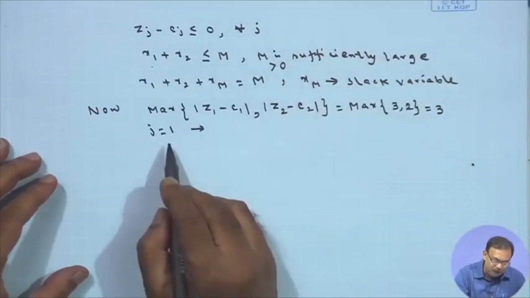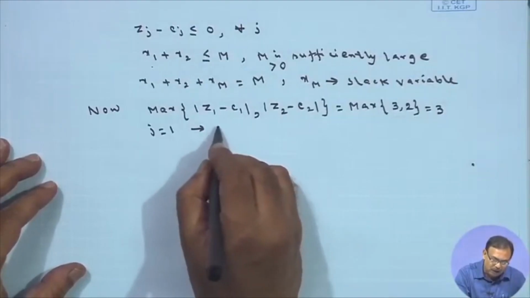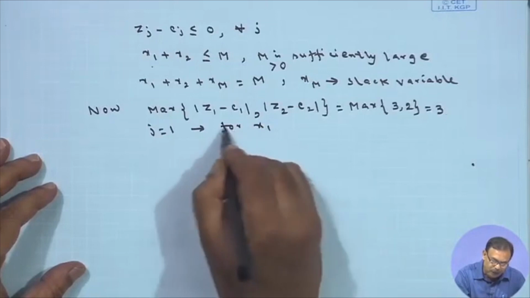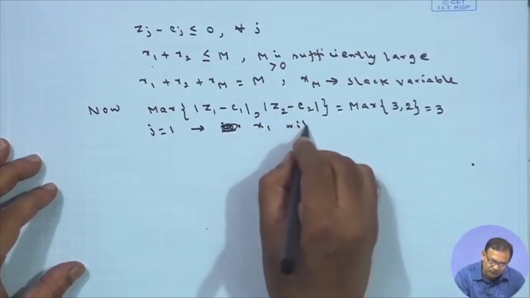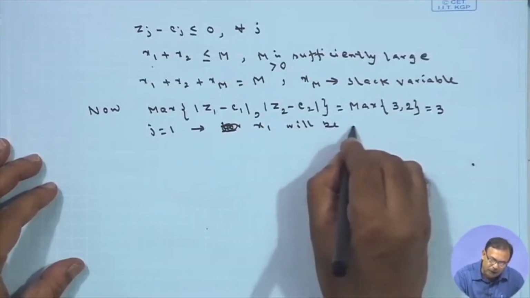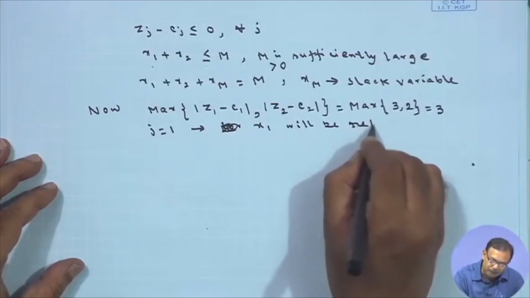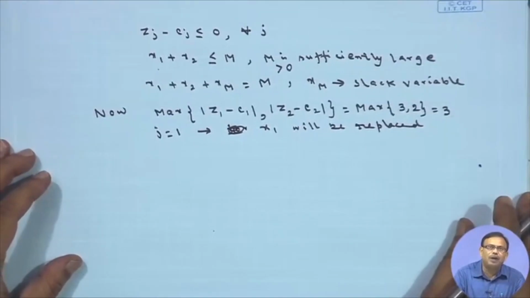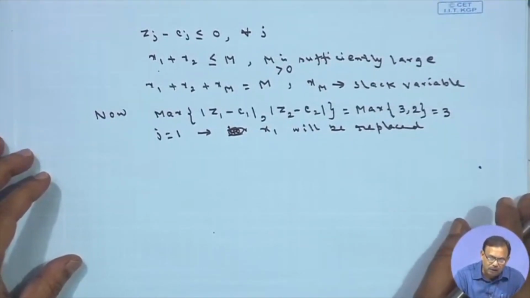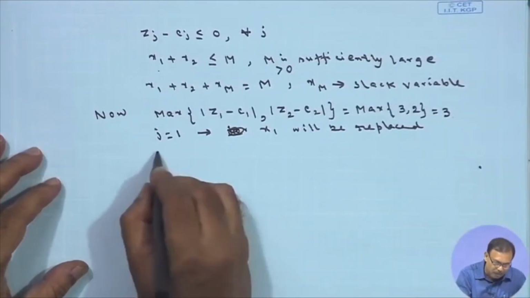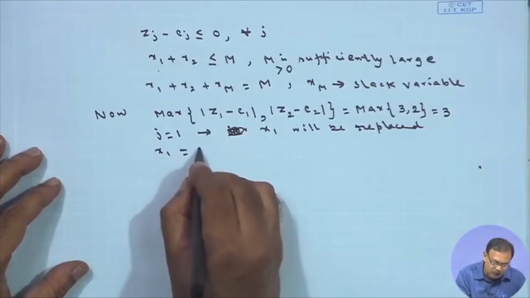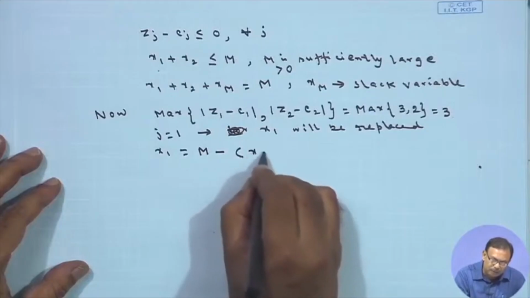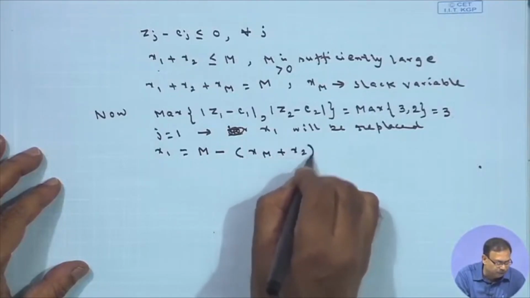Since j equals 1, this is happening. So, I have to replace x 1, substituted in both the objective function as well as the constraints of the original problem. And what is the value of x 1? From that equation, m minus x m plus x 2.